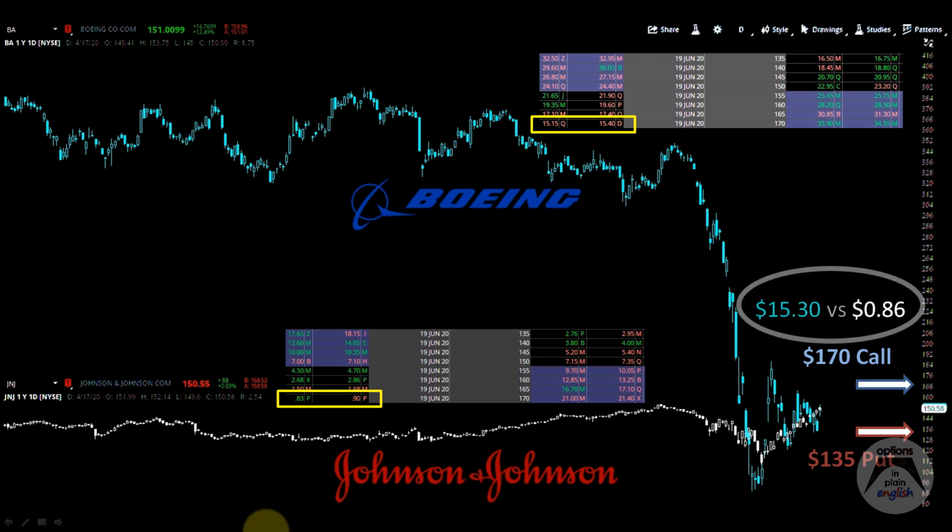So the mid price would be around $15.30 for Boeing and 86 cents for Johnson & Johnson. With both trading at around $151, the right to buy stock at 170 is trading at $15 for Boeing and 86 cents for Johnson & Johnson. Quite a difference, just around 15 times bigger.